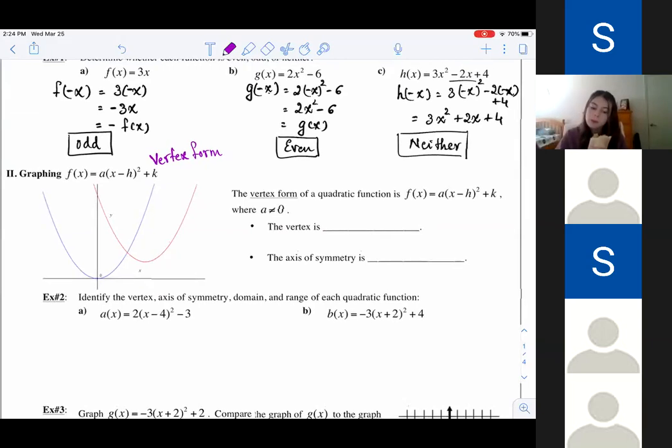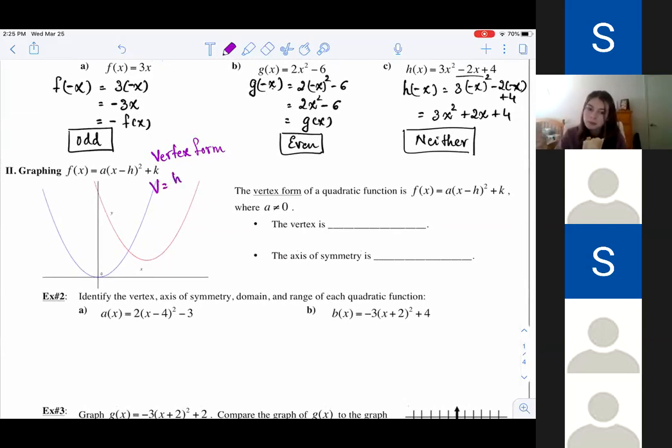The vertex is h, k. This h right here is the x coordinate of the vertex. The k that is outside, the vertical shift up and down, is the y coordinate of the vertex.